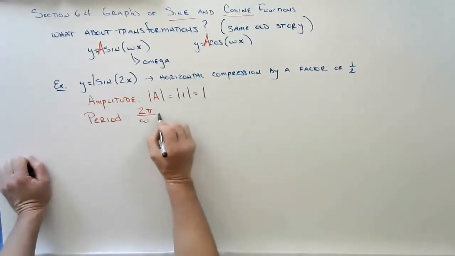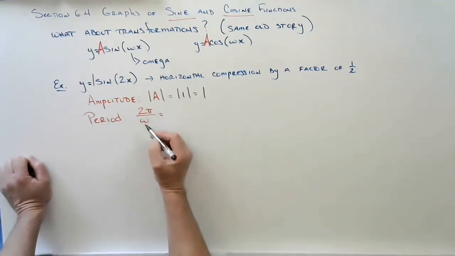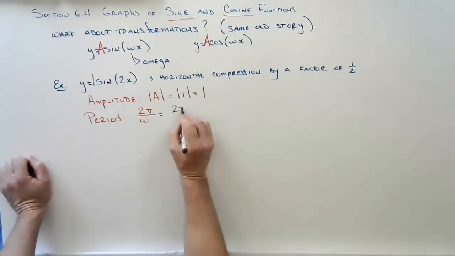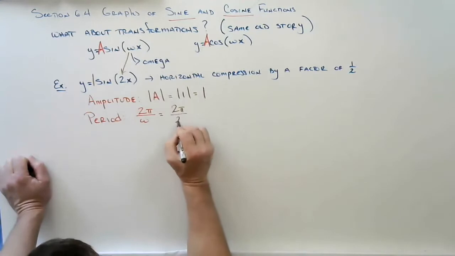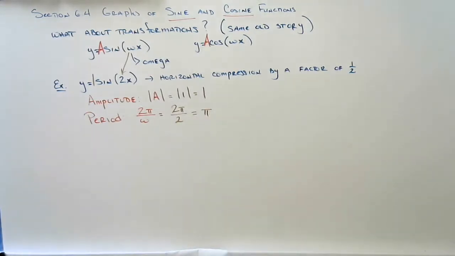Now our period, we're going to write period, colon, 2 pi divided by omega. We're going to write that down. That's required. And then we're going to do the work. 2 pi. Our omega, in our example, is 2. And so our period, 2 divided by 2 is 1. Our period is pi.